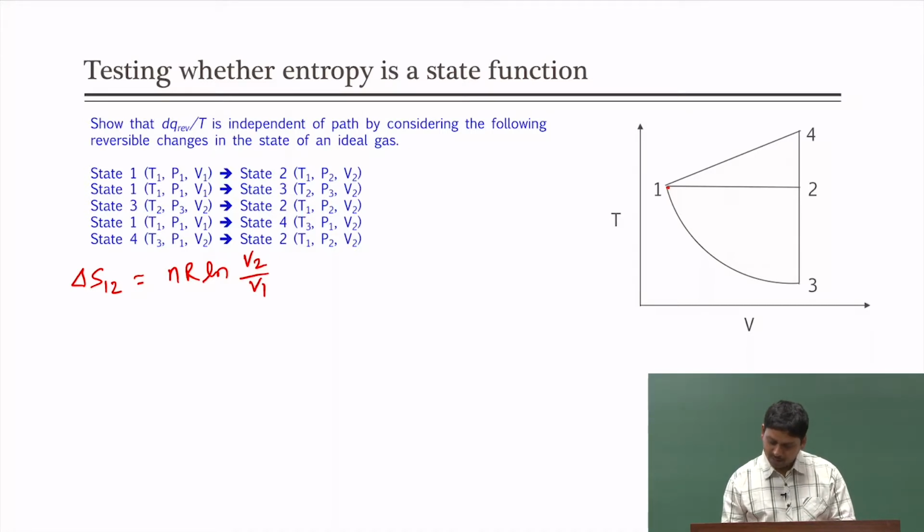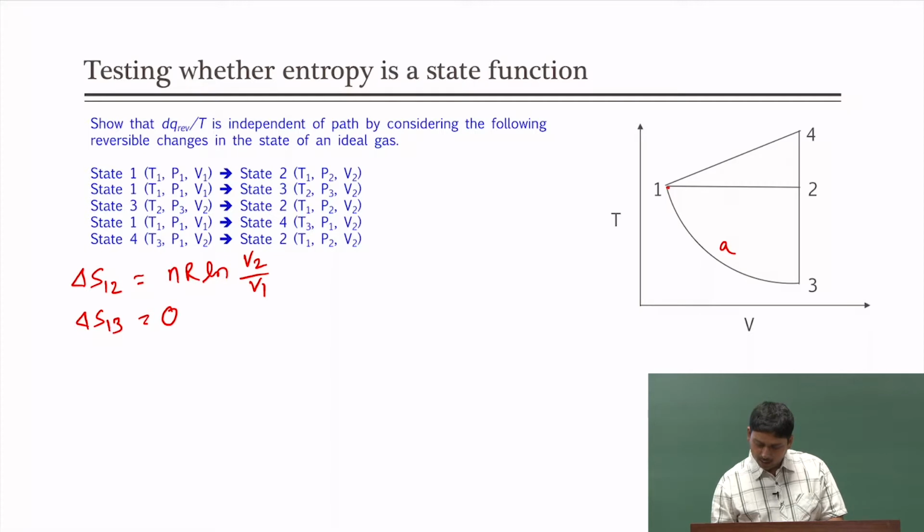Now, state 1 to state 3, although not mentioned, I think it is an adiabatic step. So, delta S13, since it is an adiabatic step, of course, will be 0. We have calculated this one, we have calculated this one. Now, 3 to 2.